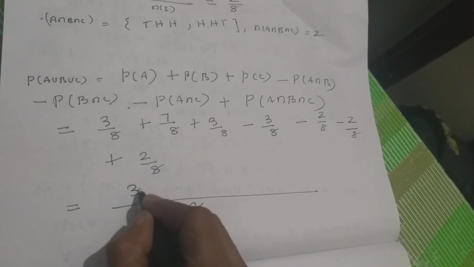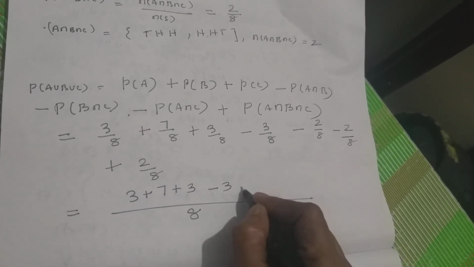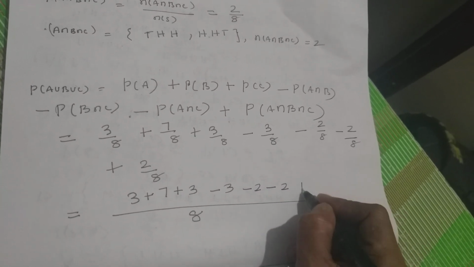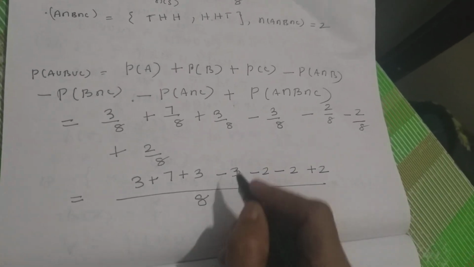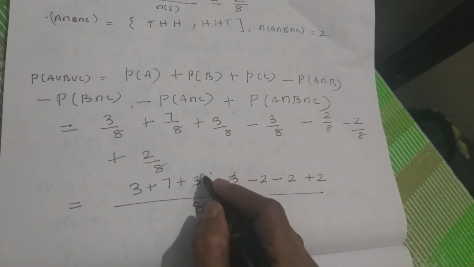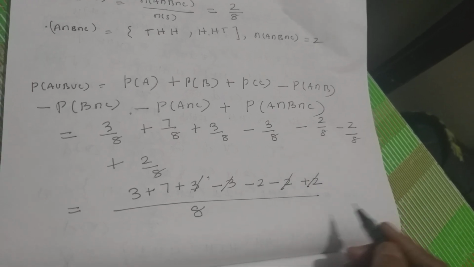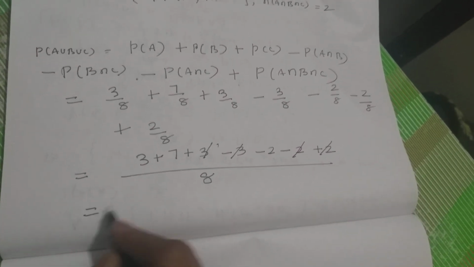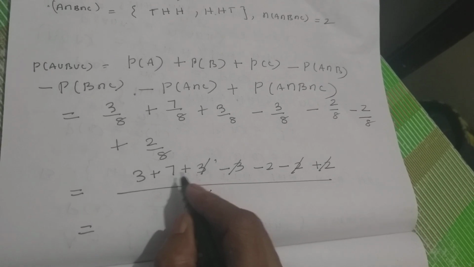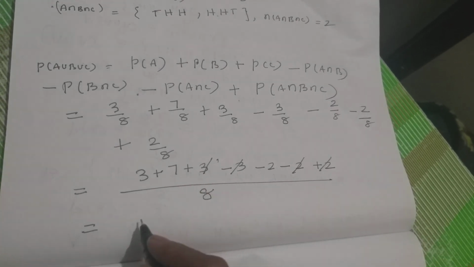So we get 3 plus 7 plus 3 minus 3 minus 2 minus 2 plus 2. First, plus and minus of the same number will cancel: plus 3 and minus 3 cancel, and plus 2 and minus 2 cancel. The remaining numbers we simplify: add the plus numbers and add the minus numbers. Here the plus numbers are 3 plus 7, which is 10.